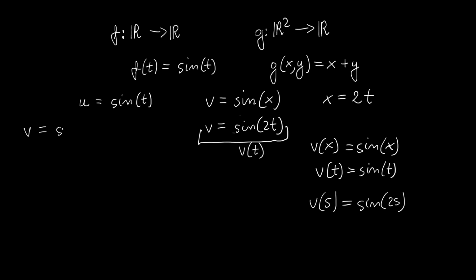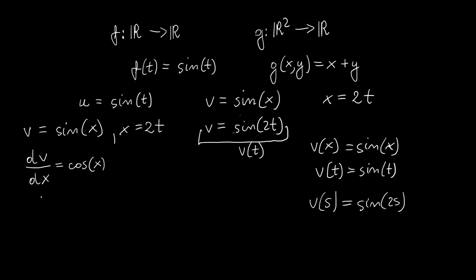V is equal to sine of x, and we know that x depends on t. So when we calculate derivative of v with respect to x, it's obviously cosine of x.